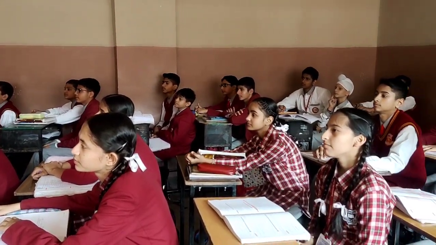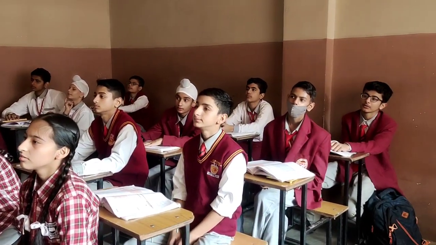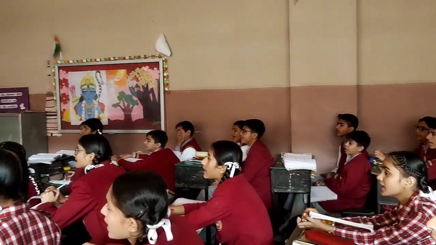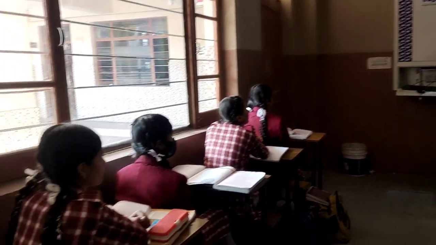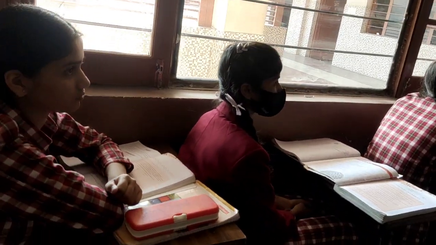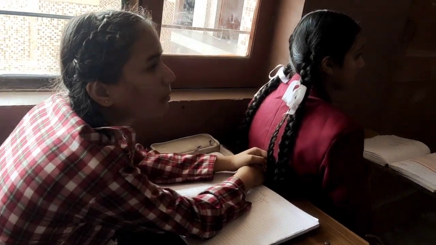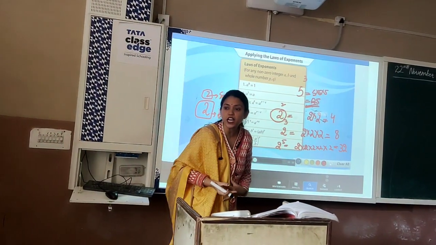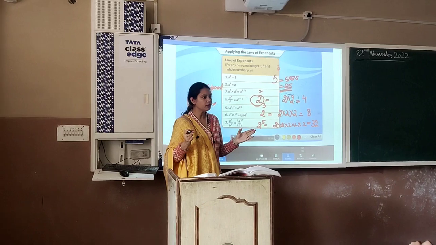So you must write it as 5 times 5 times 5 equal to 125. Is it clear to all? Yes, ma'am. So repeated multiplication of a number by itself is known as exponent, where this is the base and this is the power. Base shows which number is multiplying and power shows how many times this number is multiplying itself. Clear to all? Yes, ma'am.